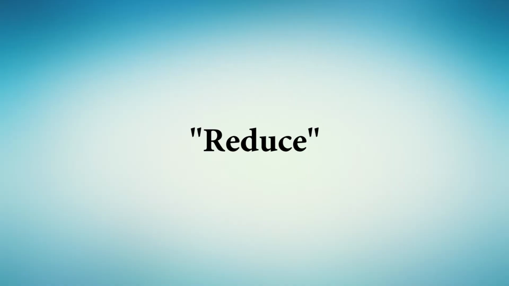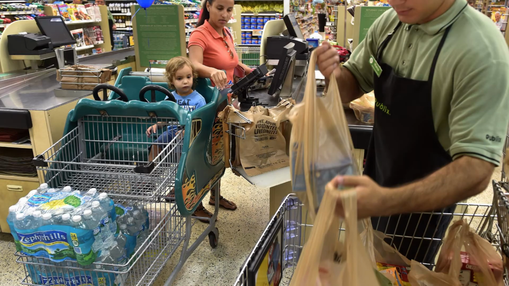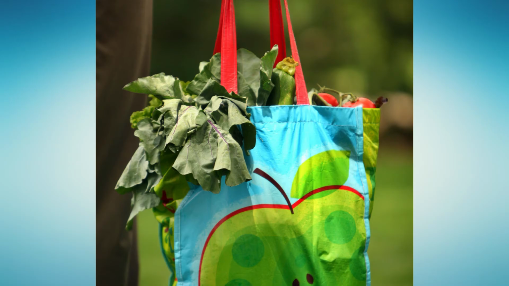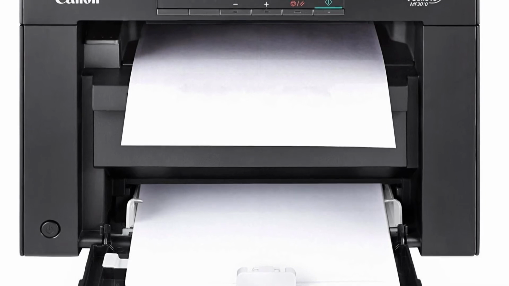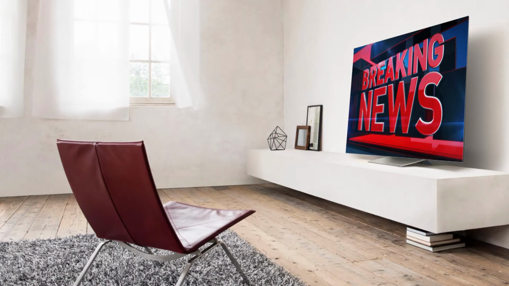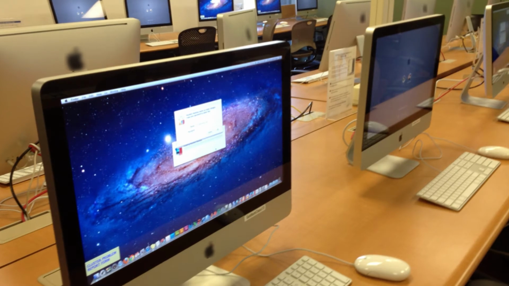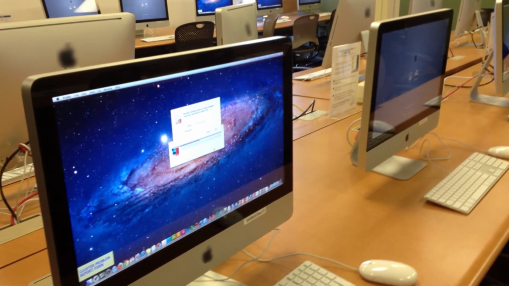The first one is reduce. When we go to supermarket, instead of buying the disposable bags, we can carry our own bags to hold the things. In this way, we can reduce the amount of plastics which is very contaminating. And another example, that instead of taking numerous printouts of documents, and leaving televisions and computers on when we are not using them.